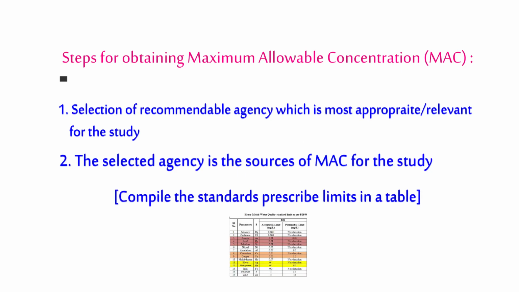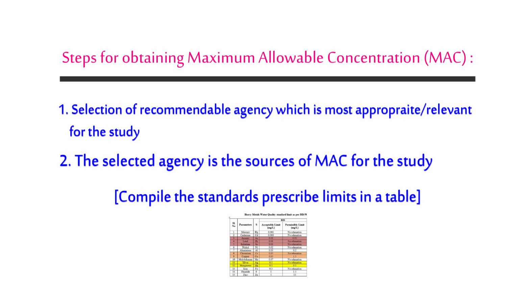Now, the first step is selection of the international or national agency that is appropriate for the study, and it is from these selected recommendable agencies that the MAC values or reference values for different heavy metals will be obtained.